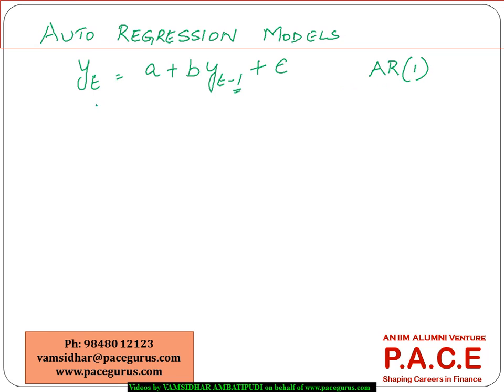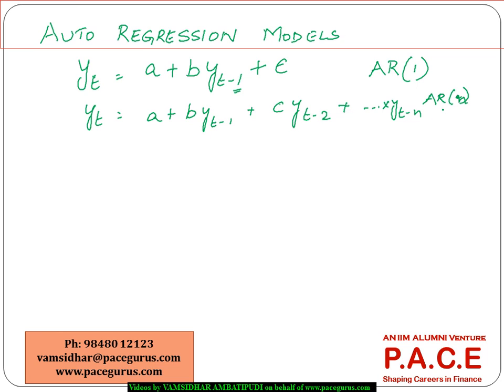So if I bring in yt equals a plus b into yt minus 1 plus c into yt minus 2 and so on, then it becomes a second order, so it becomes an AR2 model. But if I am going with some x into yt minus n, then it becomes an AR of the order n.